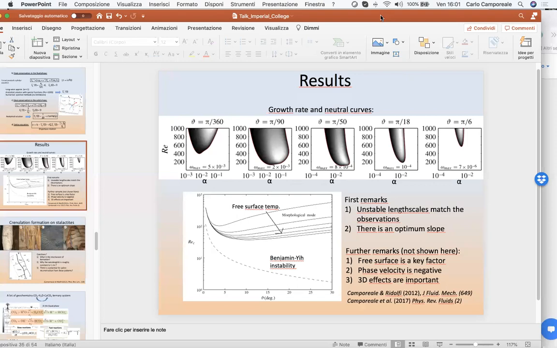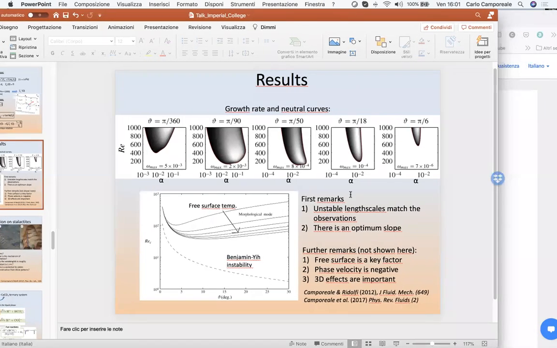I guess my question is that the dashed curve, which is lower, that's the surface mode instability, right? That's the free surface. Now that's lower, so doesn't that mean that it would be more unstable than the morphological?